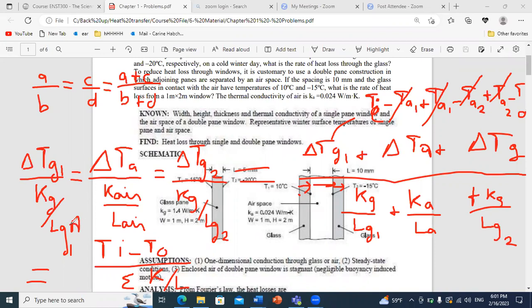You can keep it with K, because in conduction you have minus K times A times dT by dx.